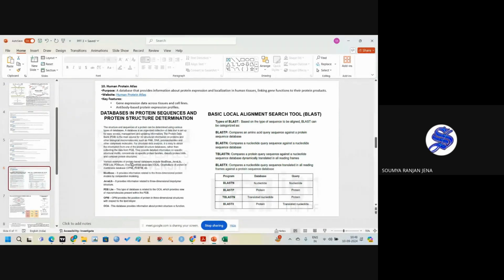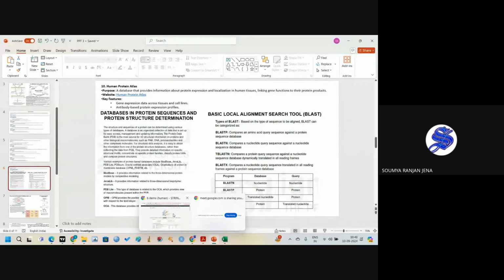These are various examples of protein databases, including MODbase, GNA library, PDBLite, PDBsum, Oracle Certified Associated, that is the OCA database, Orientation of Proteins in Membrane, that is OPM, and PDBTM. These are different types of databases where you can find the three-dimensional structure of a protein.